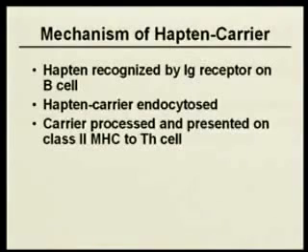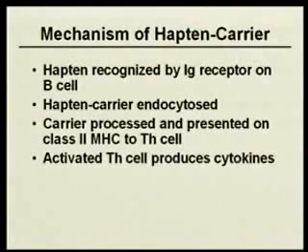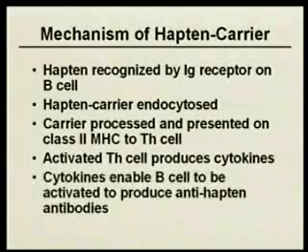So the carrier part is the part of the antigen that will be chewed up and presented with the MHC class II molecule and then recognized by the T cell. Once activated, the T helper cell will then produce the cytokines. The cytokines will then help to stimulate the B cell to produce the immunoglobulins.